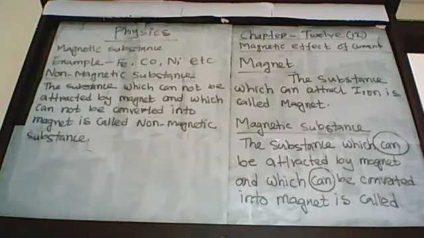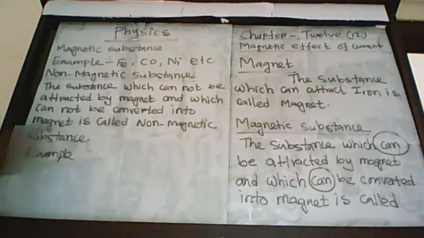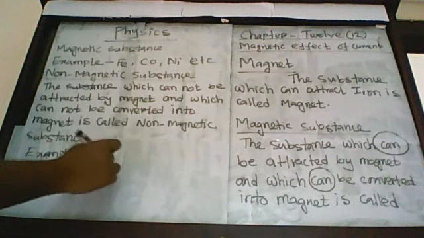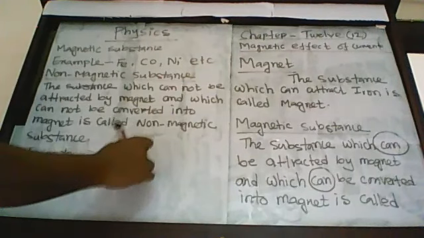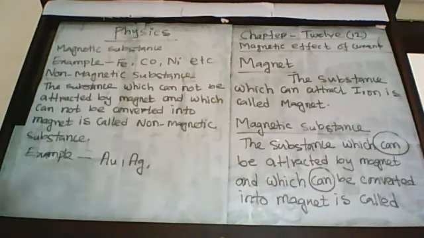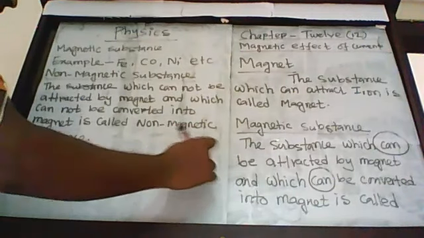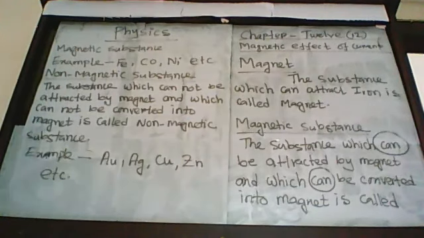For example, gold, silver, copper, zinc, etc. Those are metals.